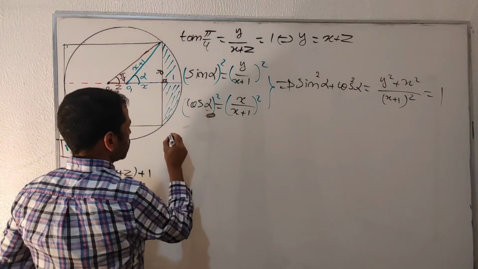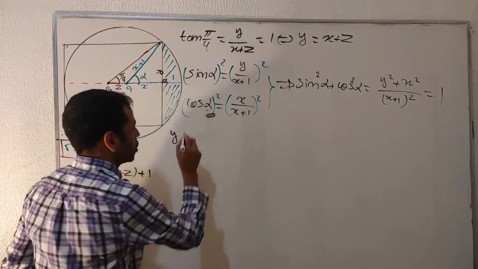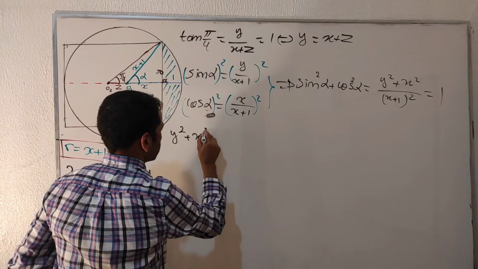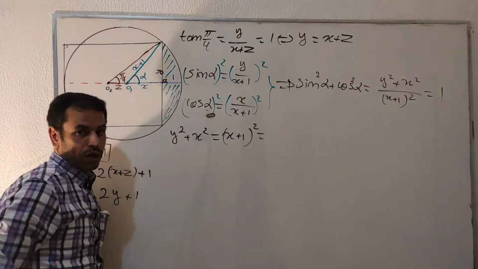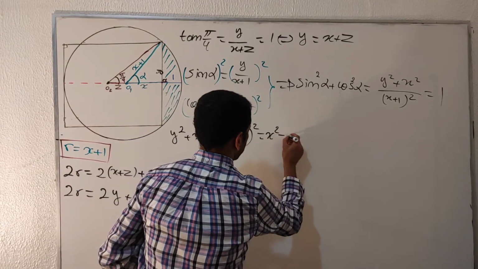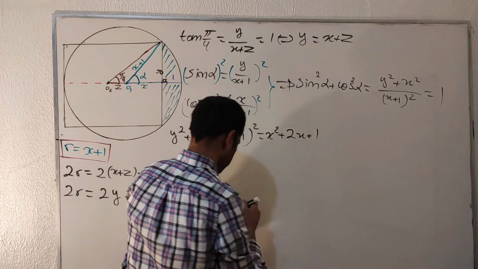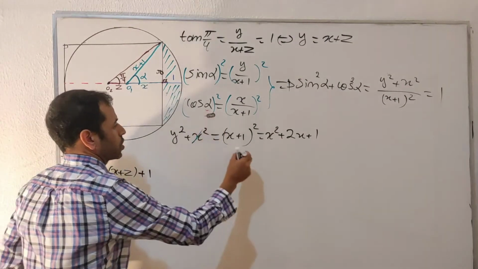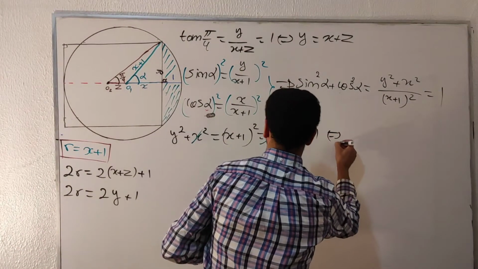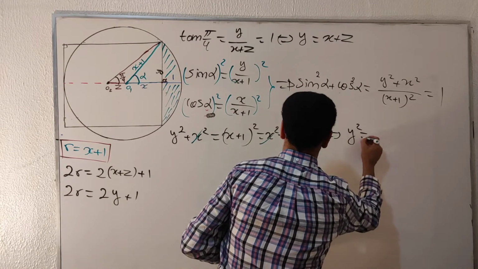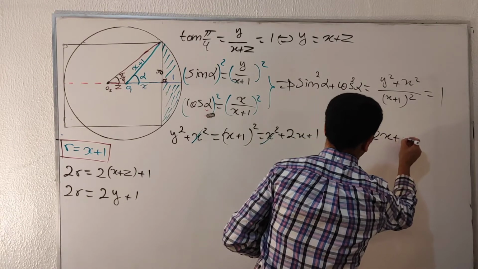Cross-multiplying, I get y squared plus x squared equals (x plus 1) squared. Let's expand this out. I get x squared plus 2 times x plus 1. Let's cancel out x squared from the left and right sides of this equation. I end up with this expression: y squared equals 2 times x plus 1.